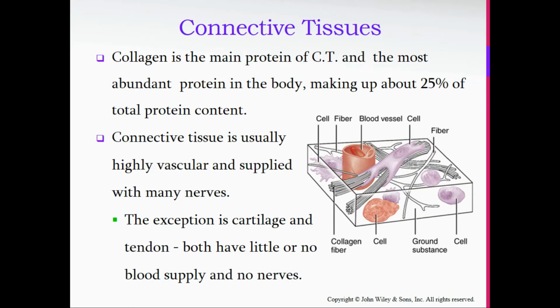Due to the lack of blood supply, the healing process takes much longer and it is more difficult for the body. The bone, many times, not only will it heal, but it'll come back stronger in that spot. So that's what they mean. And that is the one exception to the rule that connective tissue is highly vascularized.